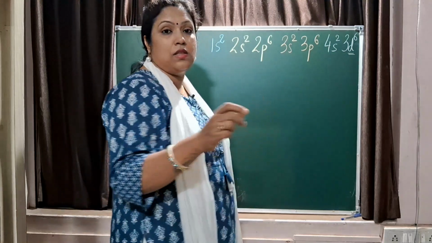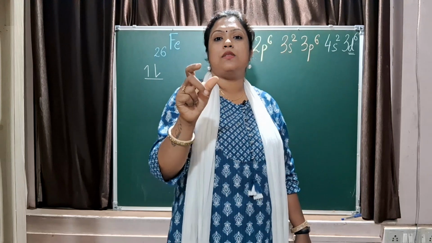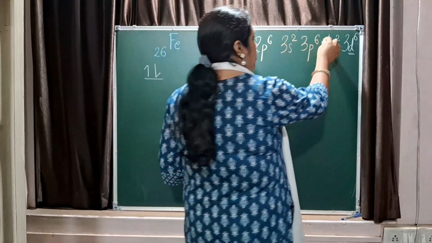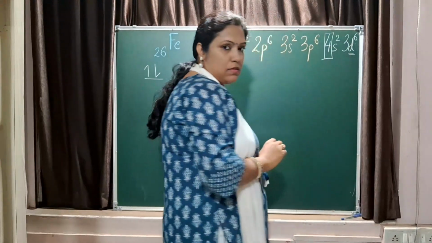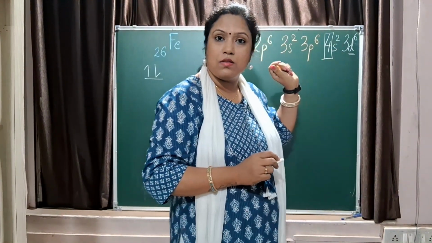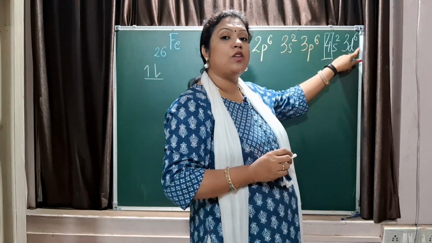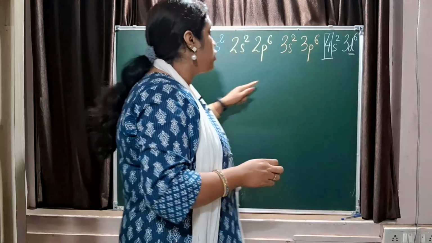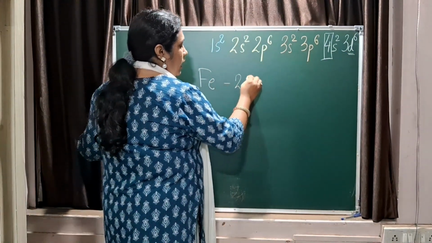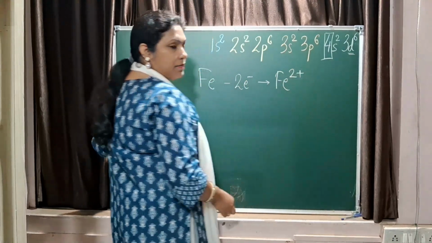But what was the concept of valency? Valency depends upon the number of valence electrons, that is in the outermost orbit. The outermost orbit is 4, so you can easily lose 2 electrons. Here you can lose 2 electrons, plus 1 more electron you can lose extra. When iron loses 2 electrons, it forms ferrous iron.